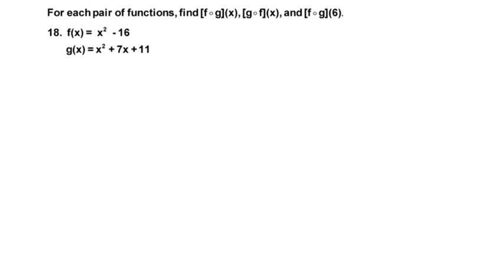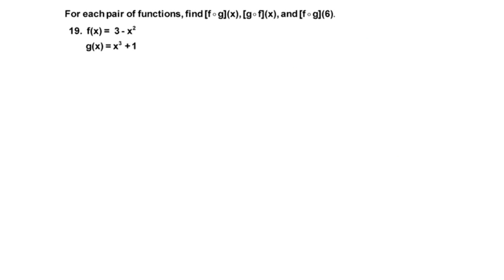Okay, next on our problem 19. These really do get to be a bit tedious if you are not able to spend the time to do all these. I understand that. Okay, first thing we're going to do is f of g of x, and that's going to be equal to, put the f function there, 3 minus, and we're going to have x squared.